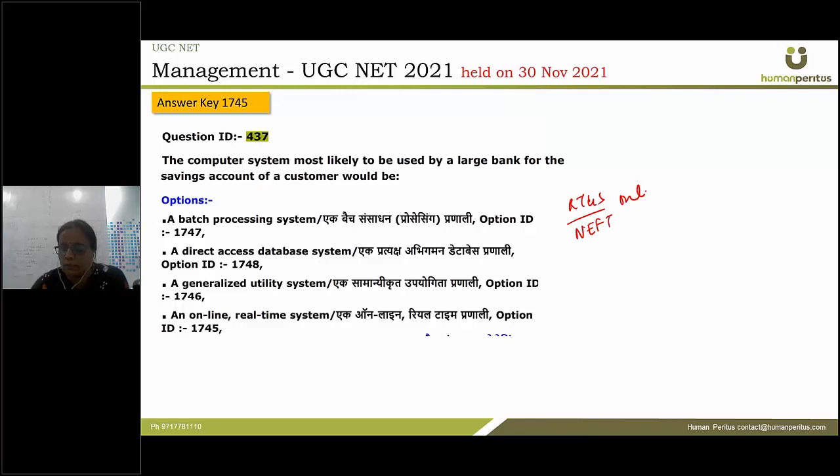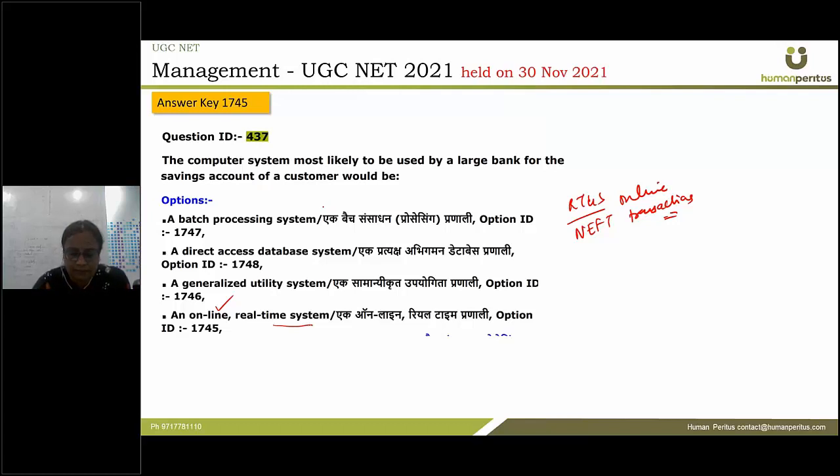So all the online transactions you are able to do once you log into your account. So naturally, it should be an online and real-time system. It must be capable of providing services to the customer which involve large amounts and that too on a real-time basis. So this should be the answer to this question.